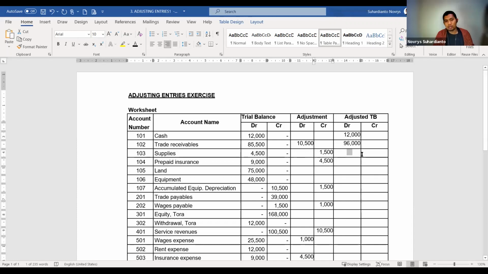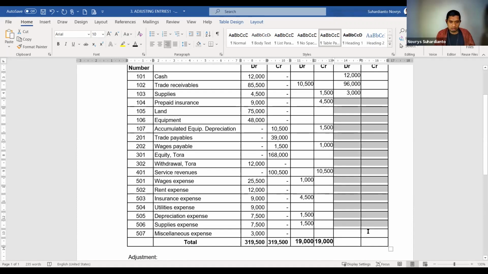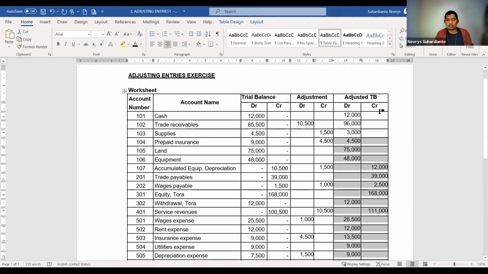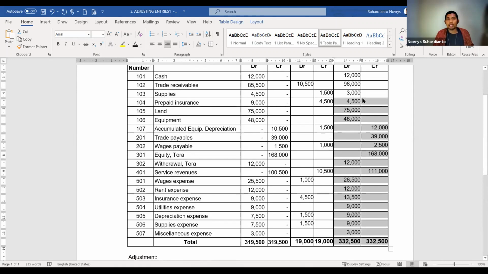So the balance will be debit 3,000, right? Okay. So you do the same thing for the rest of the accounts, and then you can fill the adjusted trial balance with the correct balance of each account.